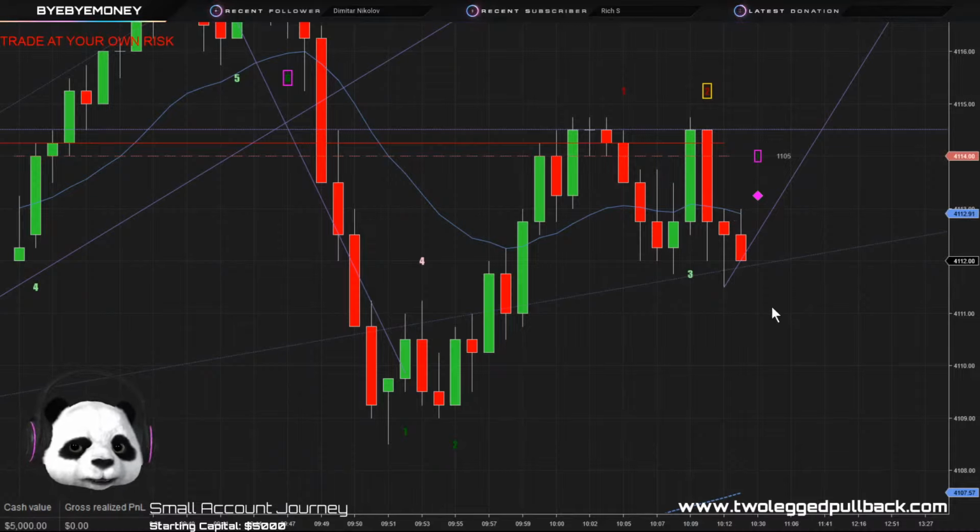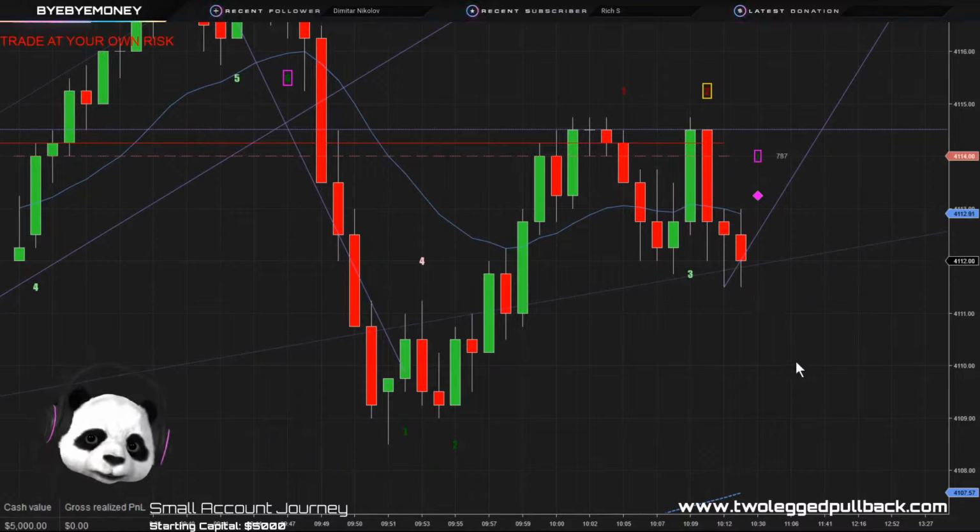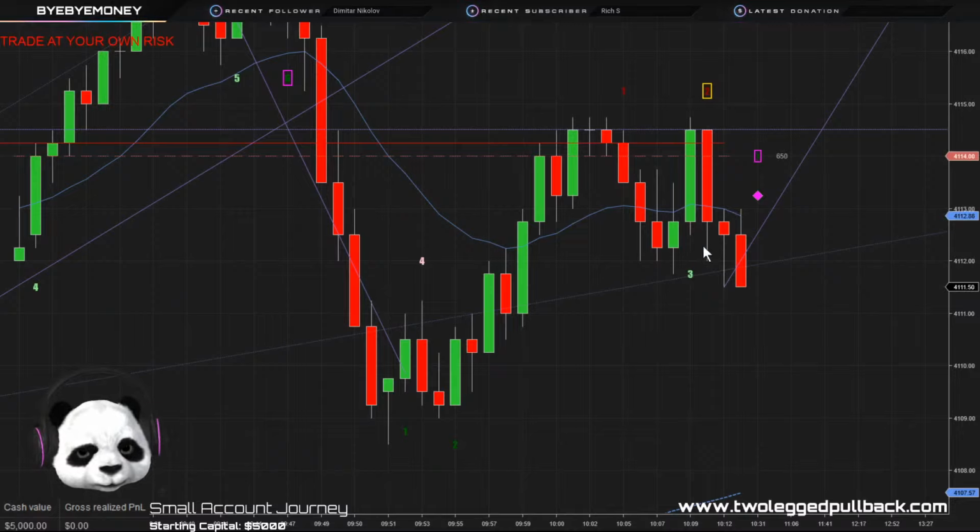Micro double top here now. This could scalp out right here. Very curious, very interested here. Sitting on my hands. These wicks, man.